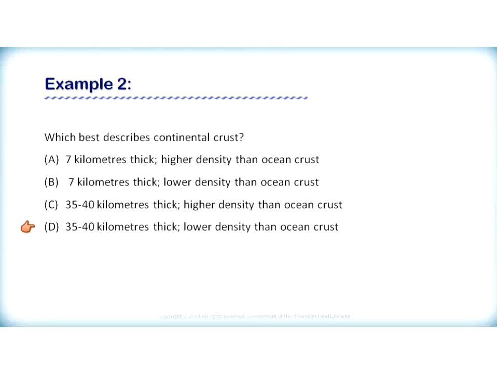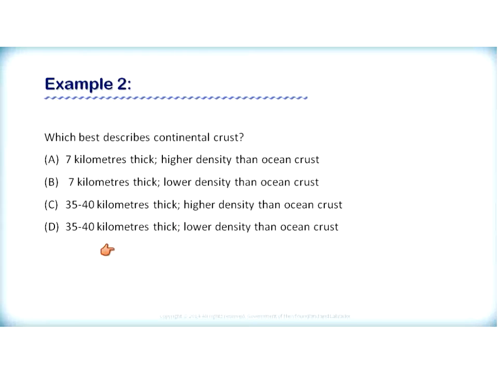When looking at some of your answers to multiple choice questions, we notice that both A and B start with 7 kilometers thick, and then they have differing densities. Also, answers C and D have a corresponding 35 to 40 kilometers thick, and then they have higher and lower densities.